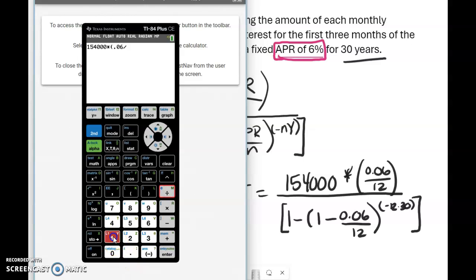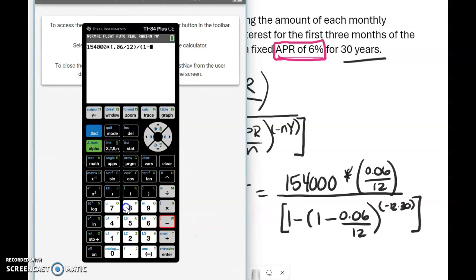So let the calculator do the calculations because it will figure out the order of operations. Otherwise, we have to make sure that we're doing the parentheses, exponents, multiplication, division, left to right, addition, subtraction, left to right. So this is my numerator. Then I'm going to hit divide by and then follow the parentheses. So wherever you have a bracket, put in a parenthesis.